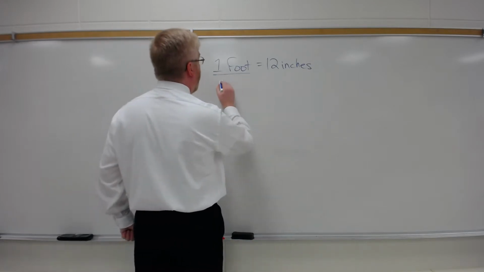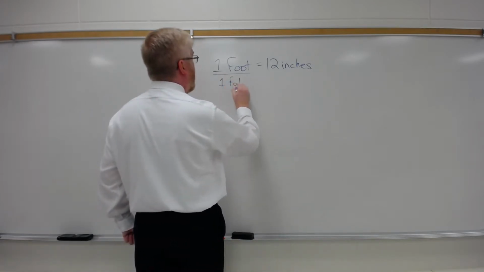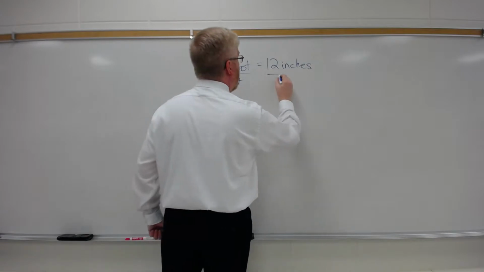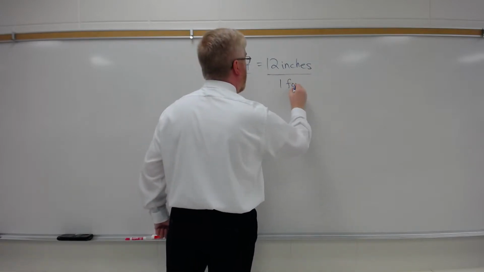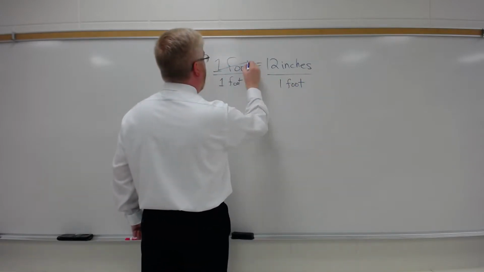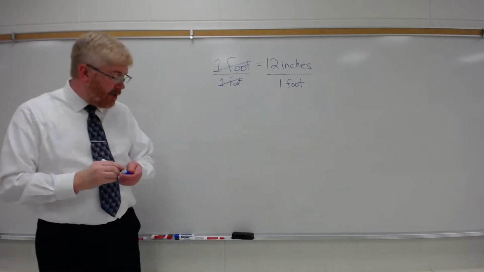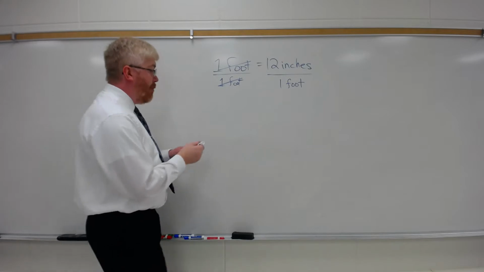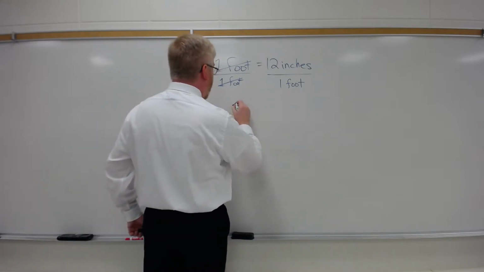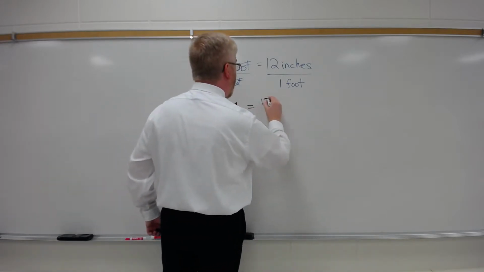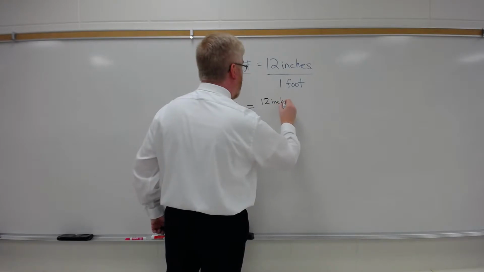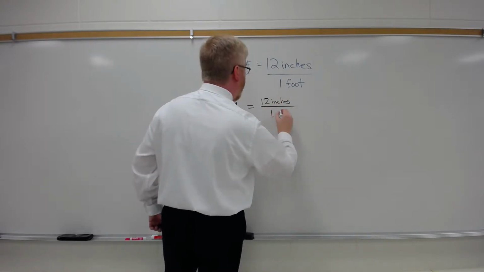So for example, if I divide both sides by 1 foot, in algebra, if something is the same on the top and the bottom, it cancels, and you end up with the number 1 is equal to 12 inches over 1 foot.